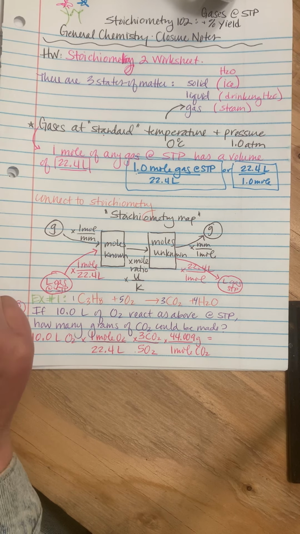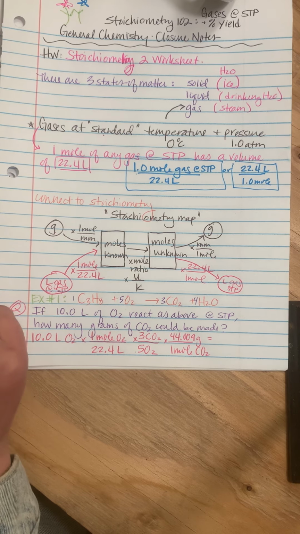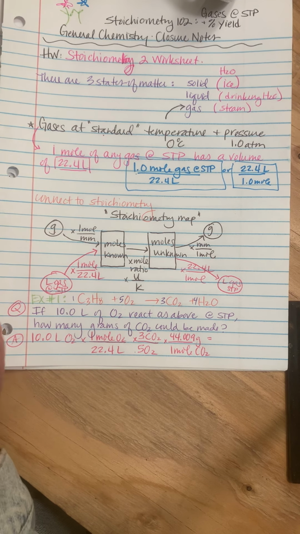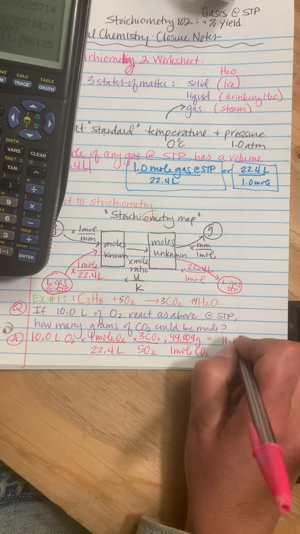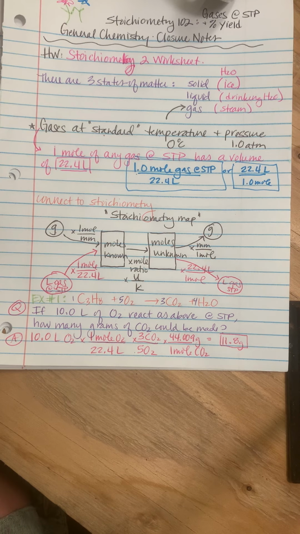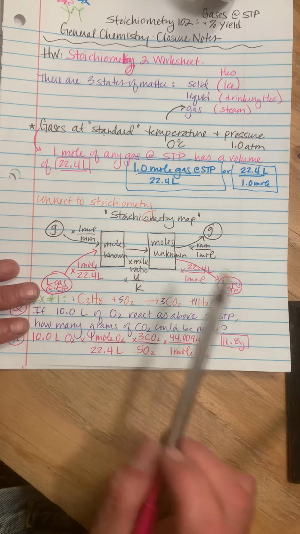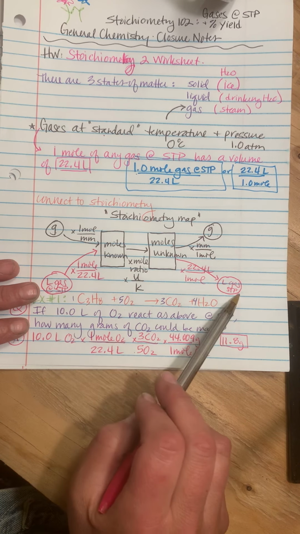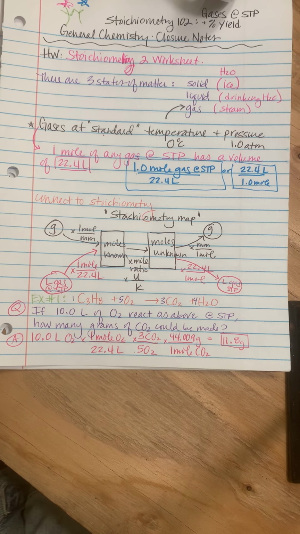And so we'll go 10 divided by 22.4 times 3 divided by 5 times 44.009, and we get 11.8 grams. That's an example of a liters to grams calculation. You can also go grams to liters, and like I said, liters to liters, grams to grams. It's like a choose your own adventure type of story.